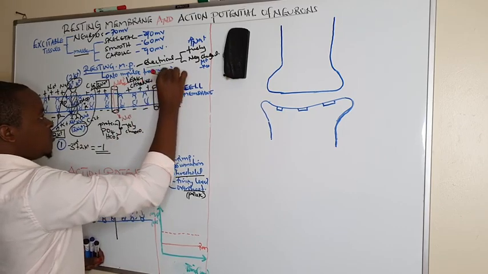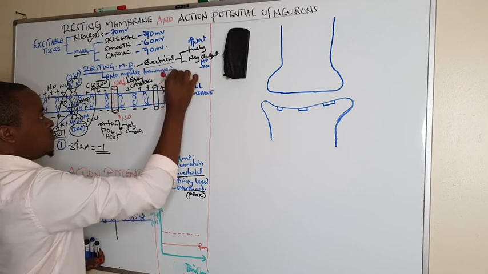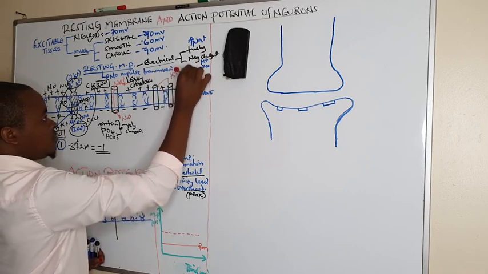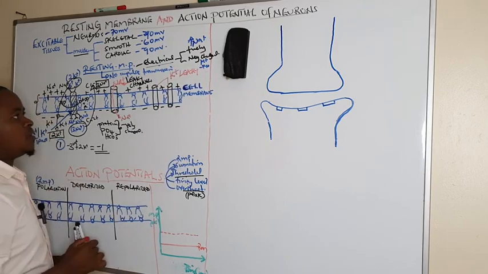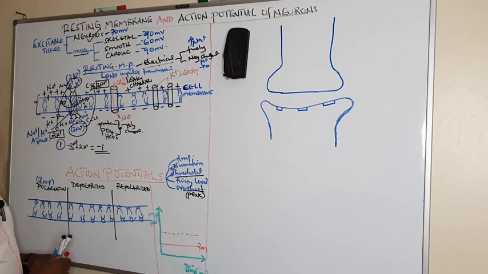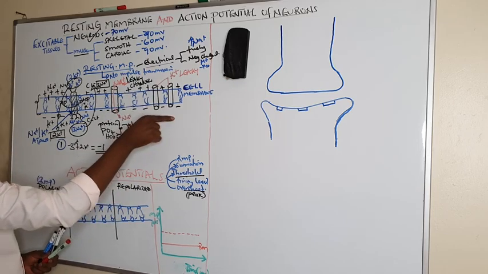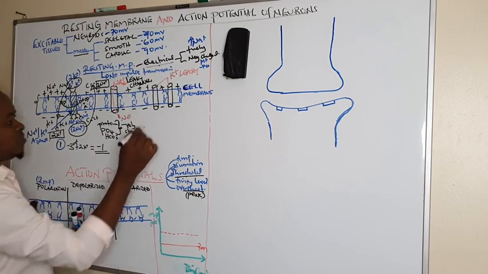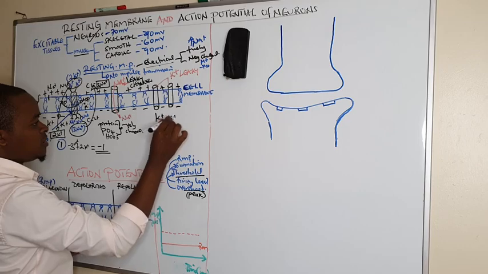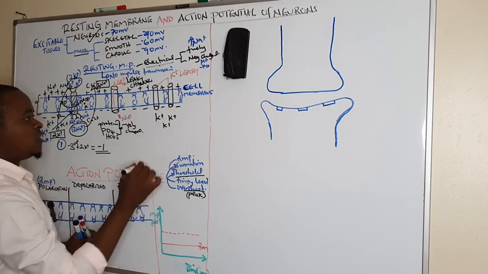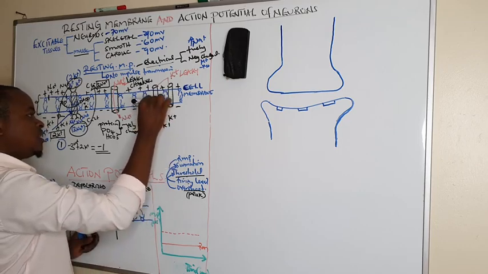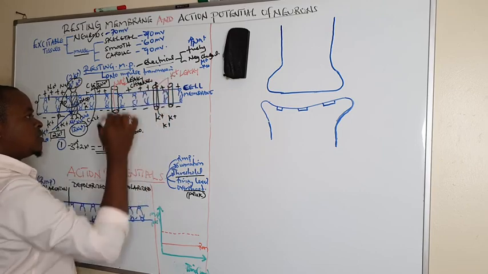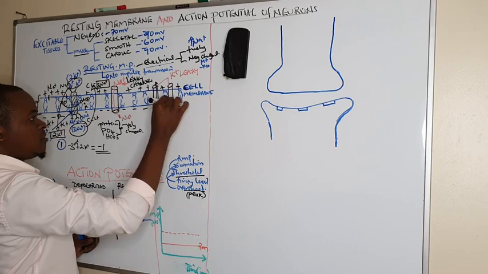These ones we call potassium leakage channels, whereby if we have much potassium accumulating inside, there is a high concentration, and these potassiums tend to leak out of the cell passively.